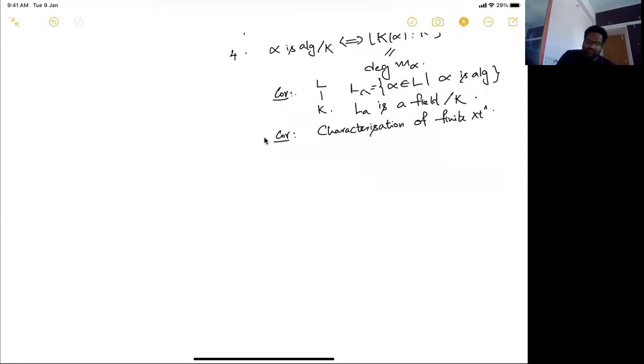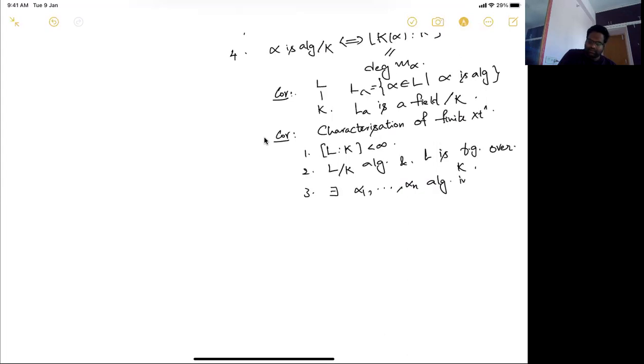Namely, L over K is a finite extension if and only if L over K is algebraic and L is finitely generated over K. Equivalently, there exist finitely many algebraic elements alpha 1 up to alpha n in L such that L is equal to K of alpha 1 up to alpha n.